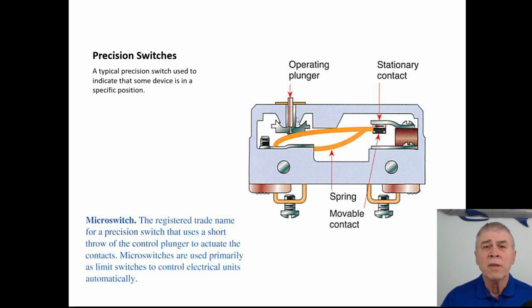And if all of a sudden the plunger is retracted, then the spring mechanism here is going to force the contacts back together. So we would call that a normally closed switch because you actually have to take some motion in order to open the switch.